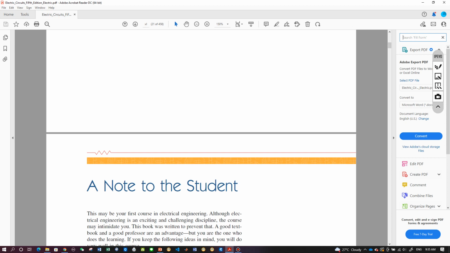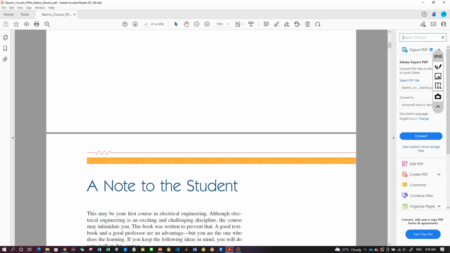I think there are two or three authors in this textbook, and these authors try to tell the students how difficult it was when he was perhaps an undergraduate, and he wrote a note to the students, encouraging you to learn, encouraging you to understand the happiness or the sense of achievement when you learn something from this book.